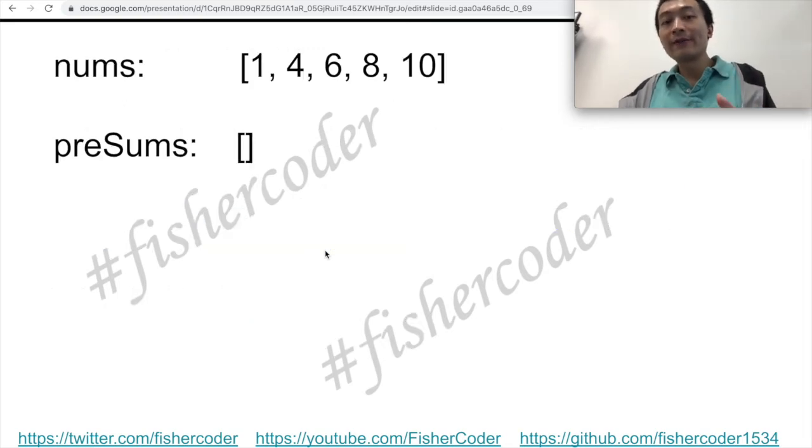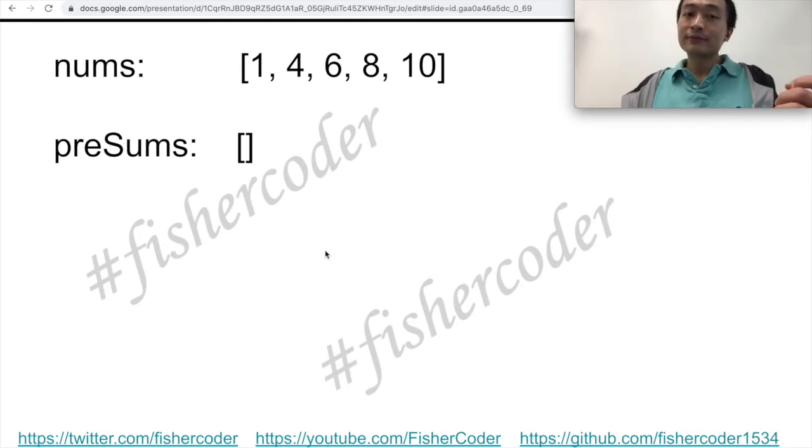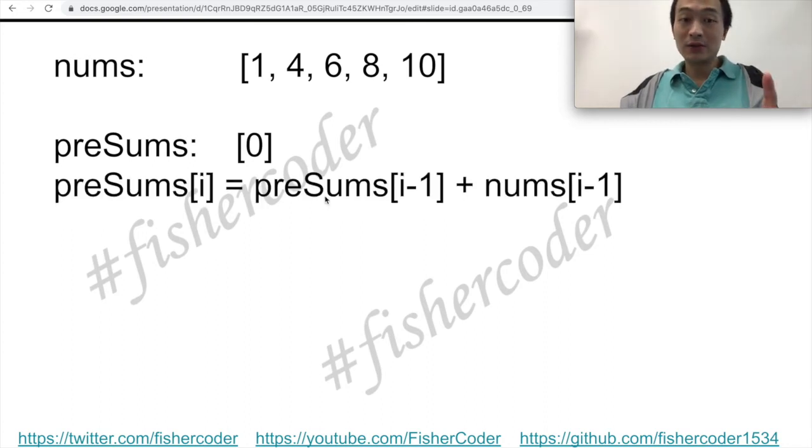Let's see. So for prefix sums, we'll just call it presums. The presums means all of the sums up to this point, but not including this element. So the first presum is going to be 0, right? And then we'll write that formula out, which is presums[i] equals presums[i minus 1] plus nums[i minus 1].